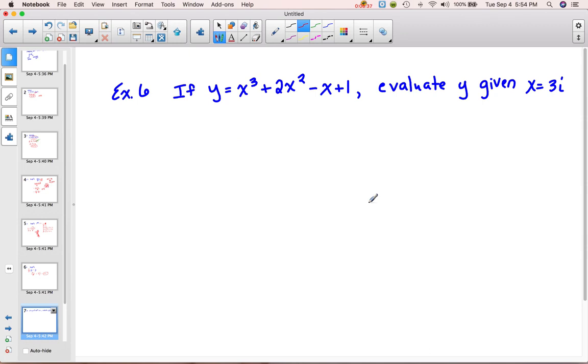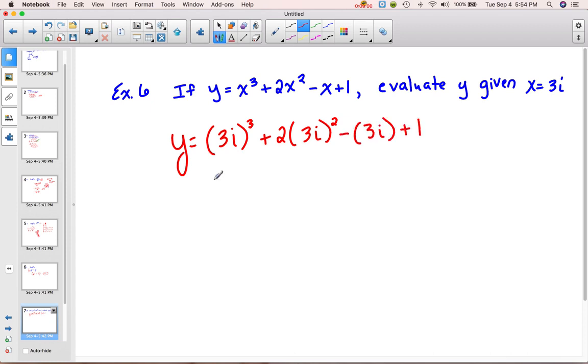Another example, if y equals x cubed plus 2x squared minus x plus 1, evaluate y given that x equals 3i. So I'm just going to substitute. So I'm going to get y equals (3i) cubed plus 2 times (3i) squared minus 3i plus 1.